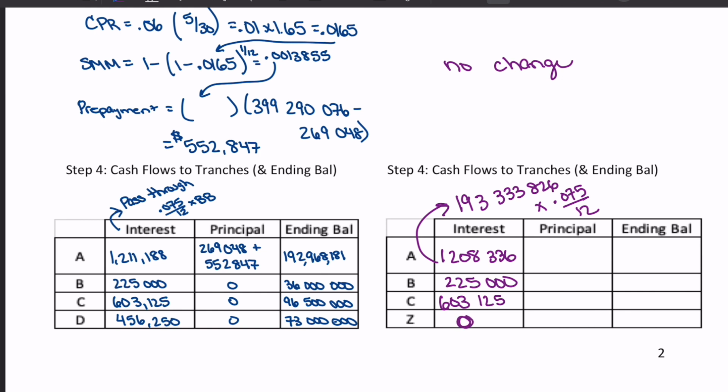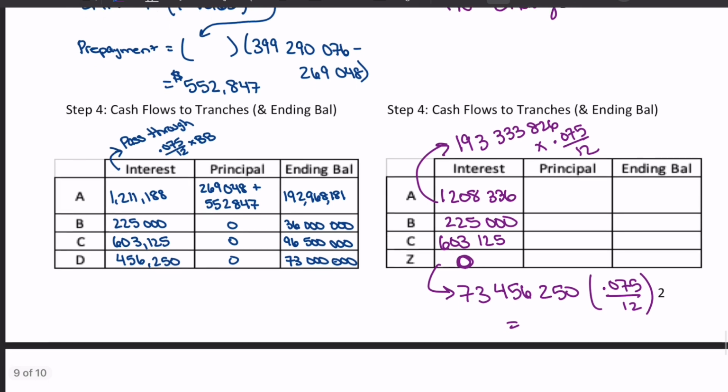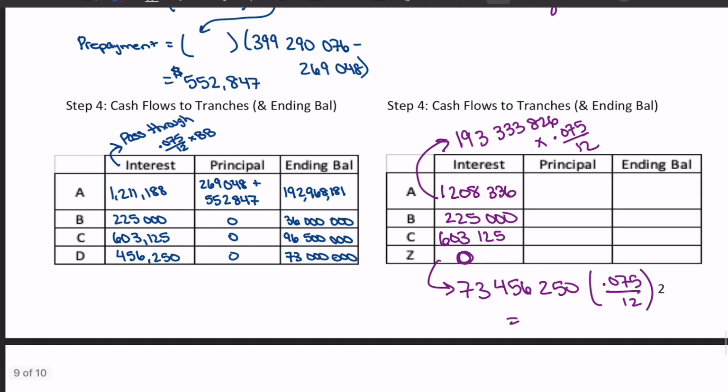Z is going to get $0. The interest it would have gotten would be its beginning balance times the pass-through coupon rate of 0.075 over 12.